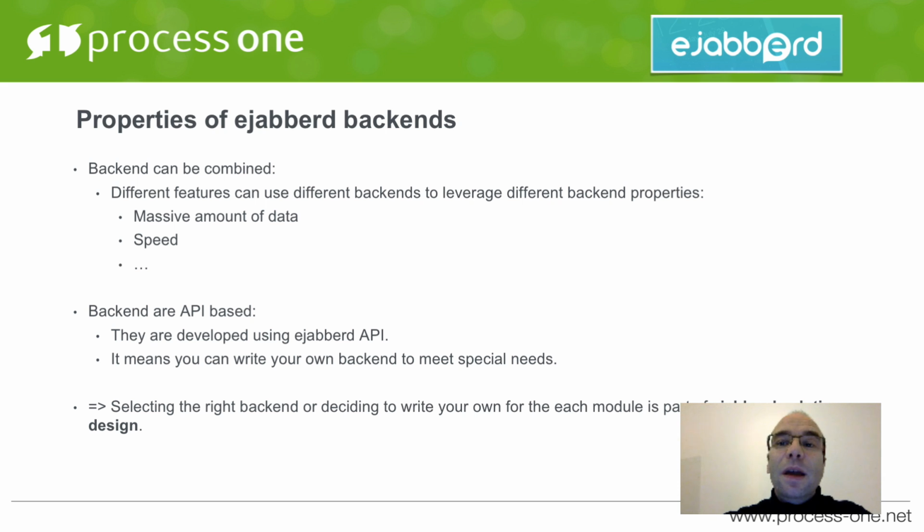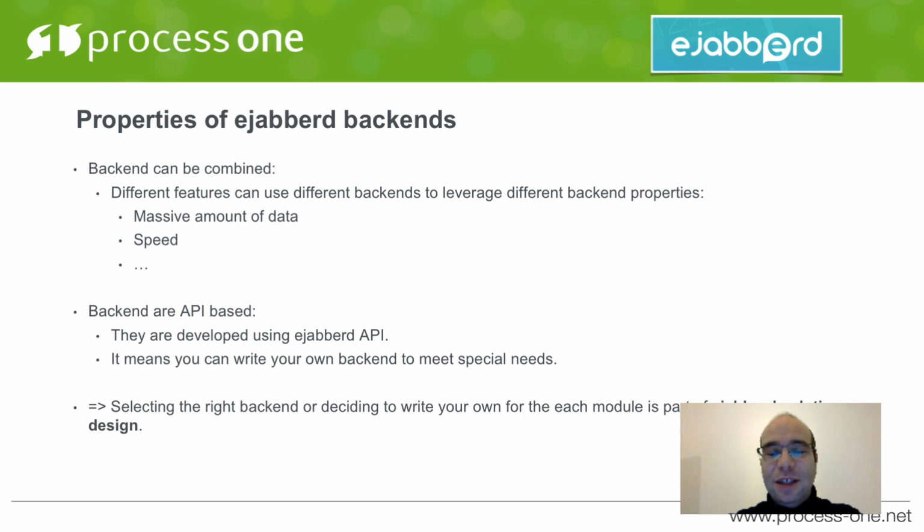Sometimes, for PubSub, for example, we have written very specific backends where every node about PubSub is hard-coded and in memory. It means that you don't need any database at all if you can do that, and you have totally crazy performance when you do that.